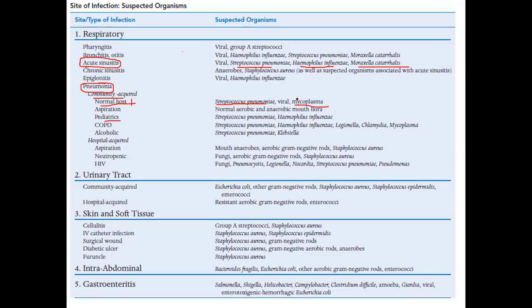And then you will realize that when you are treating the normal host who has community-acquired pneumonia, the suspected causes are these two, okay? Mycoplasma pneumoniae and Streptococcus pneumoniae. Now, strep pneumoniae has the usual cell wall.